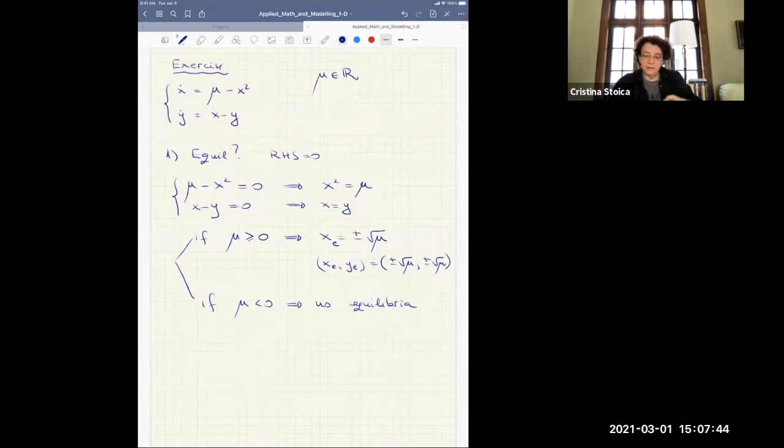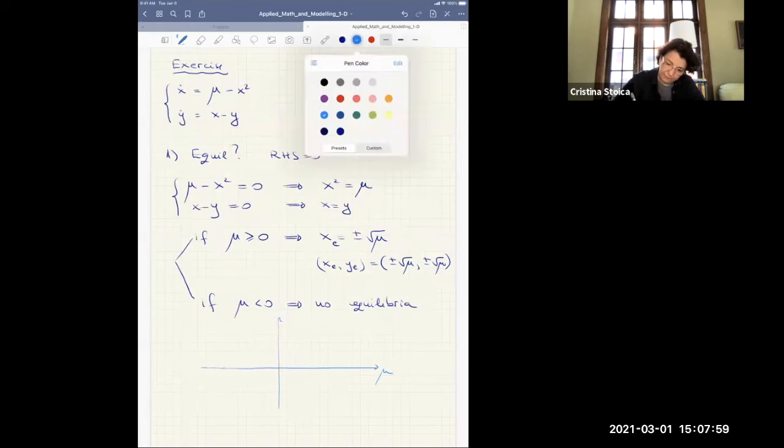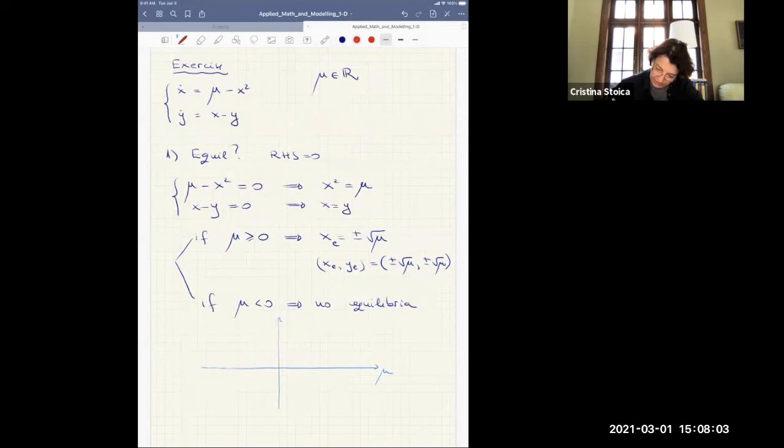Ta-da. And actually, this can be represented on an axis. Let's say this is the parameter axis, and this is the equilibria axis. For mu positive, we have x_e plus root mu, and then x_e minus root mu.